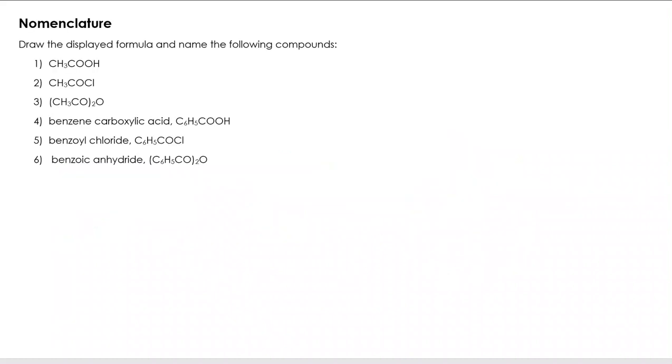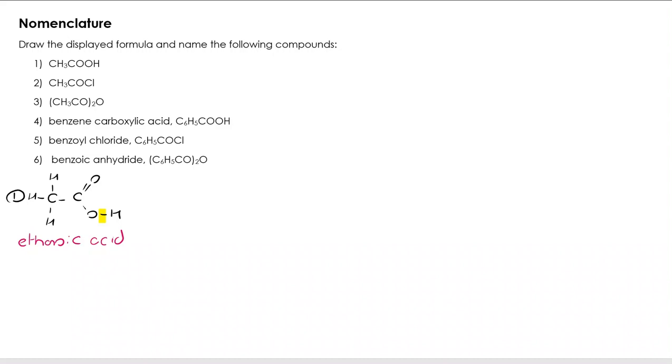A little bit more of a chance to look at some nomenclature here. So if you try to draw those out, ethanoic acid, the key thing that I will point out here is that because it's a display formula that has been requested, we have to show every single bond, including the one between the O and the H, which people often forget and just put an OH group there. So that's ethanoic acid.